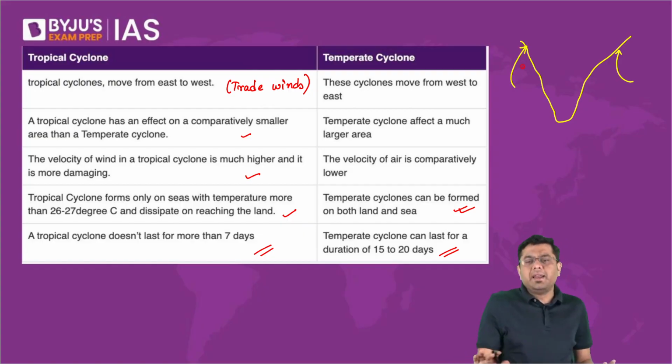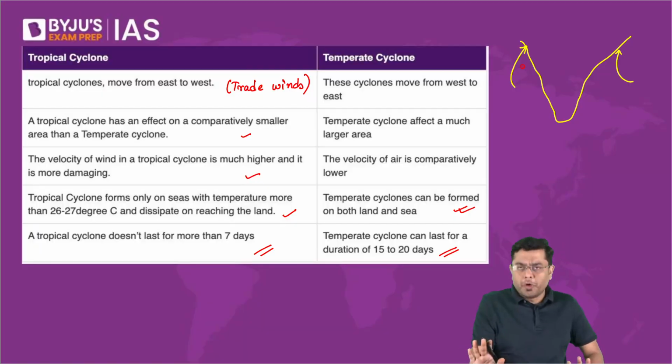That is due to the movement of the wind and the wind direction itself. So we will come to it, and you will have a better clue about it when we talk about the Indian seasons. Indian monsoon is something we'll be talking about tomorrow. You will understand that. Okay, right? Good.